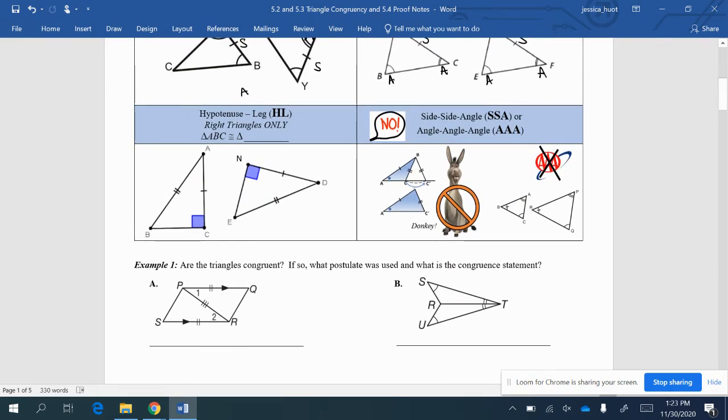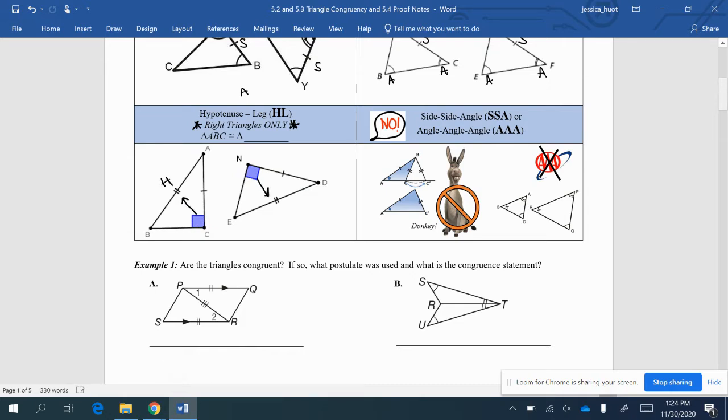And then this is HL, and it is for right triangles only. That is super important. Do not try to use HL on triangles that are not right triangles. So here, hypotenuse, leg. Remember, the hypotenuse is always across from our 90-degree angle.